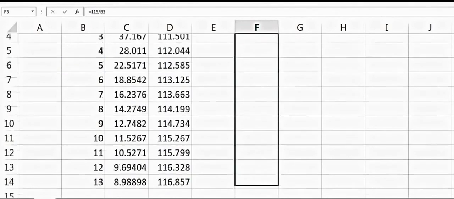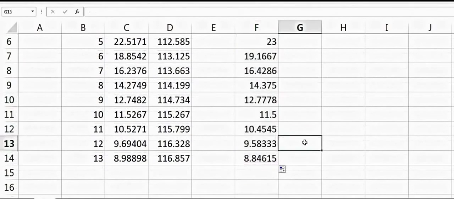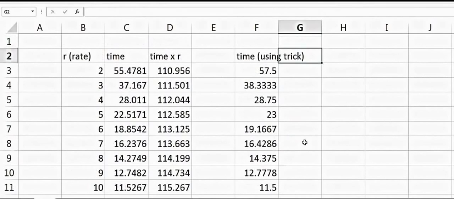If you keep extending it, it's like this. If you compare anything, like for 6 years it says 18.85 years, but our trick says 19.16 years. So it is a good approximation. This is very close, it's 11.52, and this is 11.5.